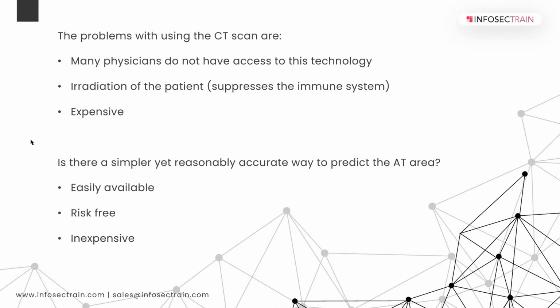In the opposite way, if we find a prediction model for finding the AT area, meaning the adipose tissue area in the body, it will be very simple, because it will be easily available as well as risk free and inexpensive. So let's go and build the simple linear regression model for this particular problem.